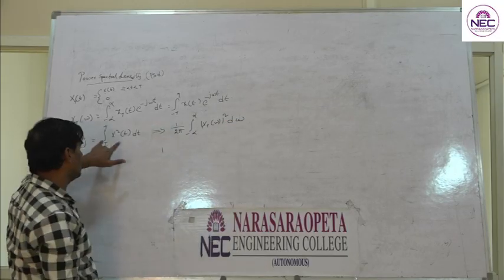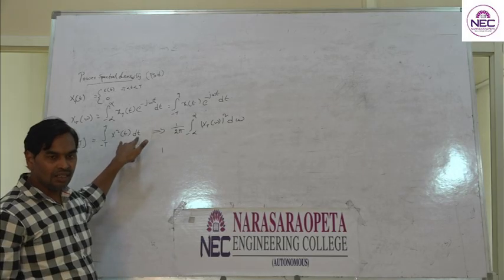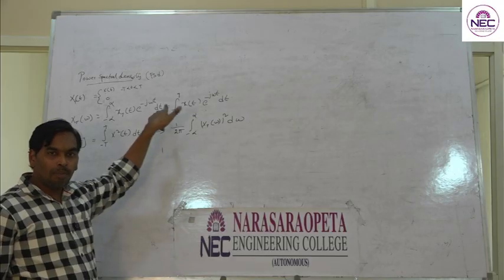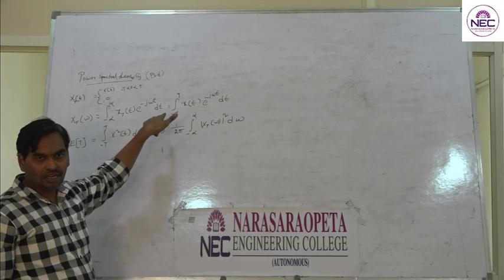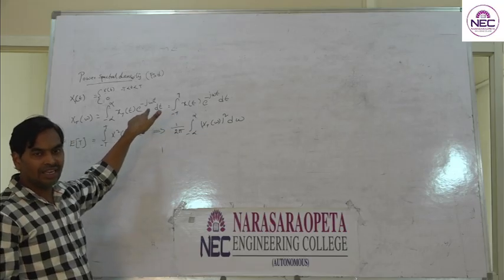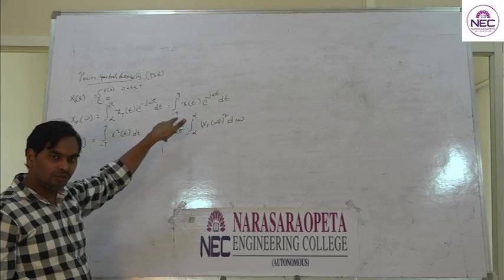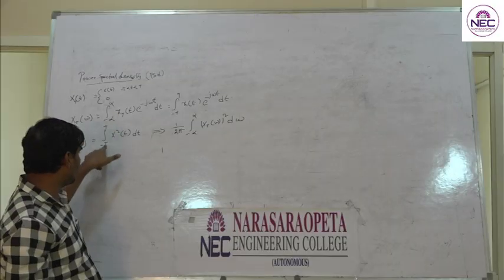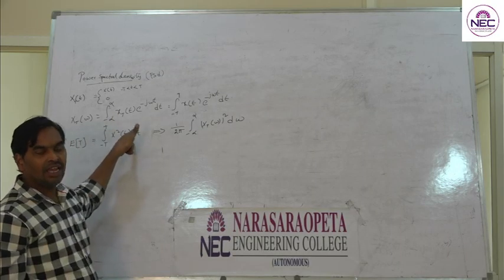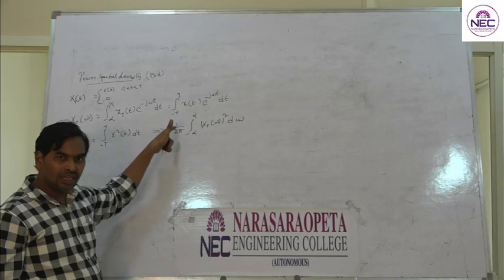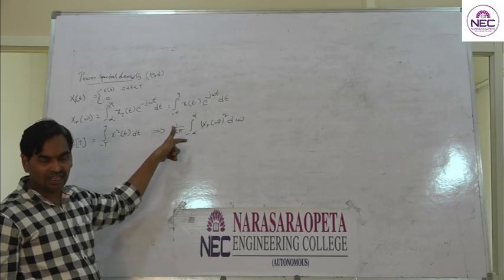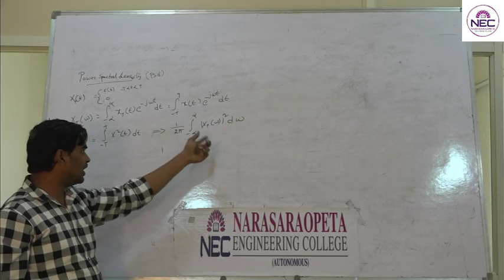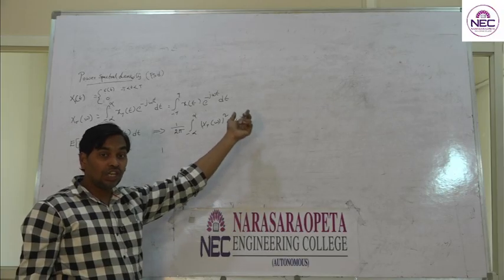So for converting the time domain into the frequency domain, I used Parseval's theorem. What does Parseval's theorem say? It is almost similar to the Fourier transformation technique, but the exponential term will be missing. The integral from minus infinity to infinity of x of t e power minus j omega t dt is the Fourier transformation, and it can be represented as 1 by 2 pi integral from minus infinity to infinity of x of omega e power j omega tau d omega.